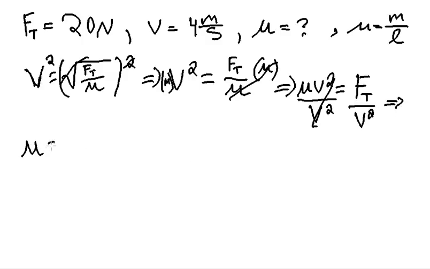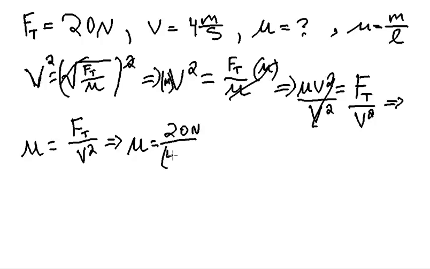The mass-length density is equal to the force of tension divided by the velocity squared. Okay, hard part's over. Force of tension is 20 newtons. The square of the velocity. Here's where you have to be careful.